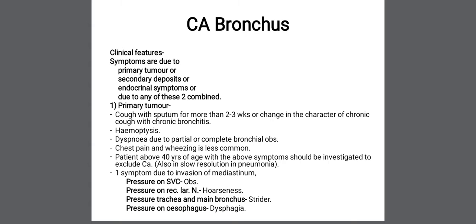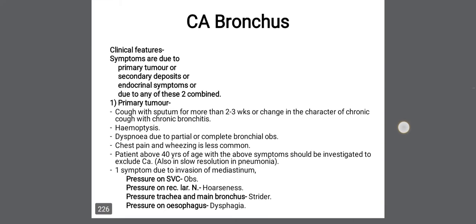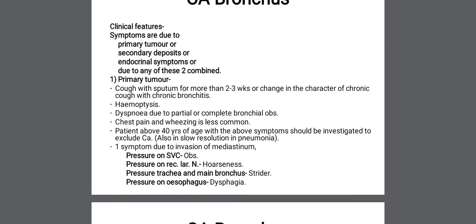So the symptoms may be because of the primary tumor, or because of secondary deposits, or because of endocrine-related involvement, or a combination of the above three. So first we'll see the primary tumor.